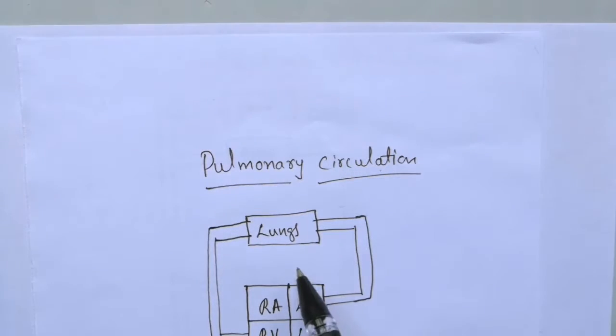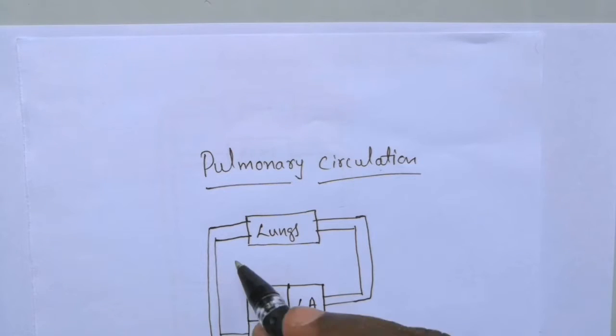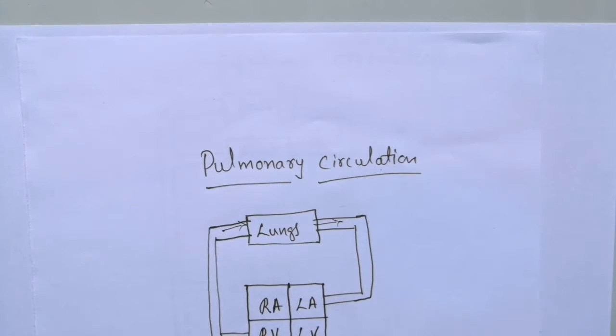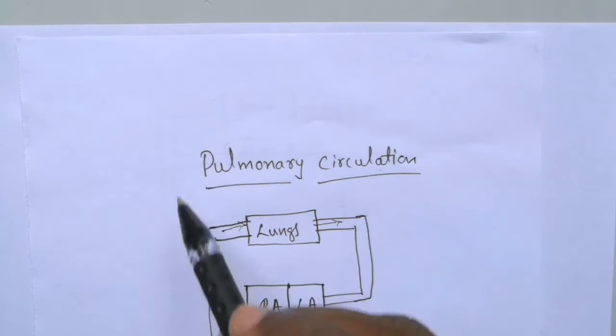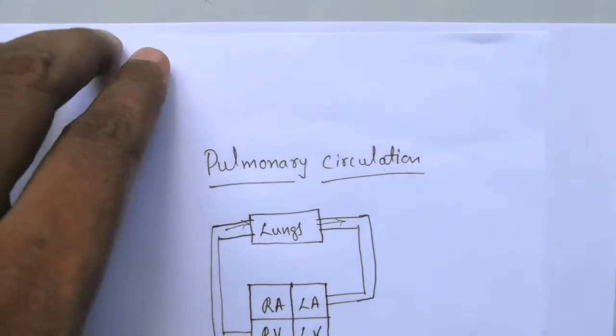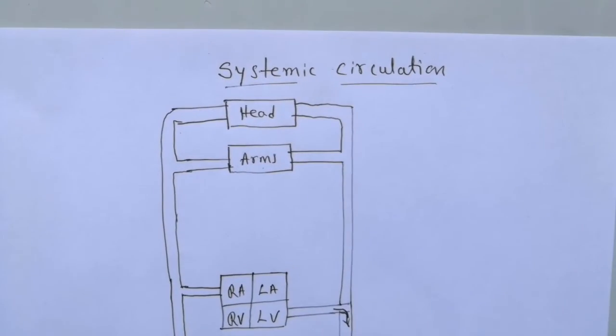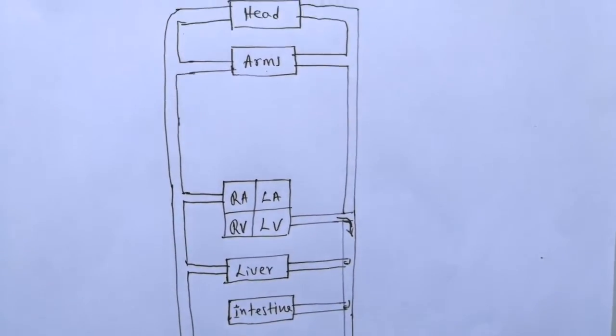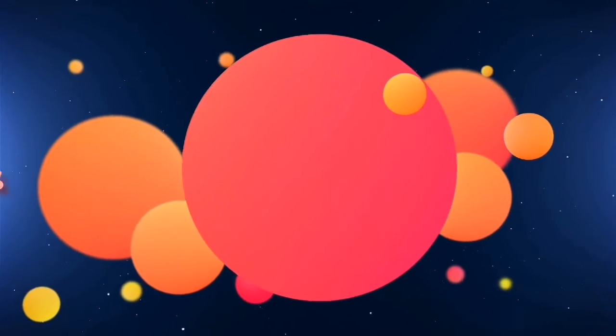Pulmonary circulation, we are just showing the blood going to the lungs, coming out of the lungs. If the teacher asks, draw the pulmonary circulation, we have to draw like this. If the teacher asks, draw the systemic circulation, we have to draw the systemic circulation like this.